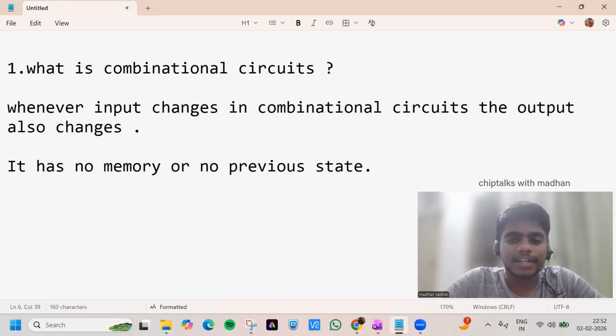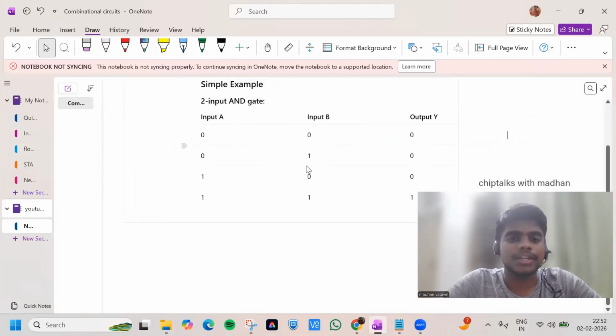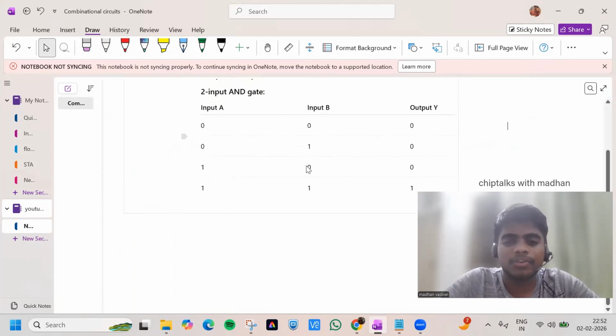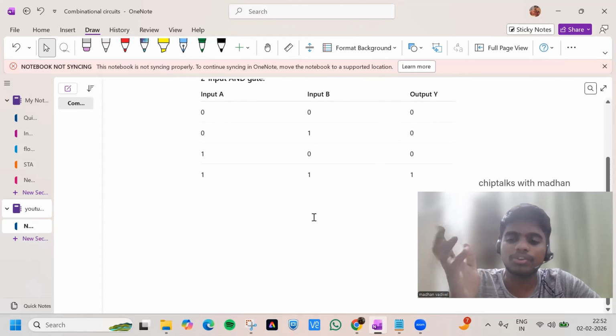Let me show the AND gate diagram. Here it is, a two input AND gate. In the AND gate video we saw that whenever both inputs are one, the output is also one. Whenever one of the inputs is zero, the output is zero. Like that, in a combinational circuit, whenever the input changes, the output also changes.